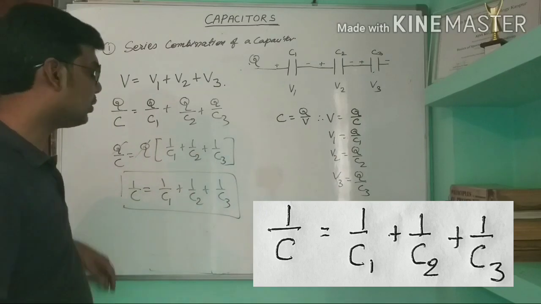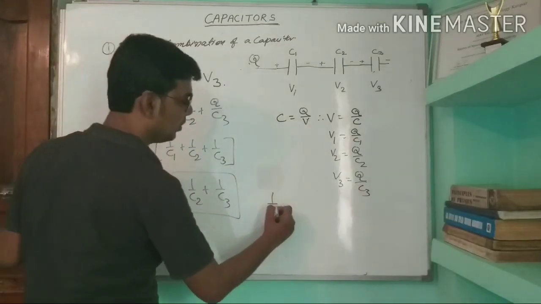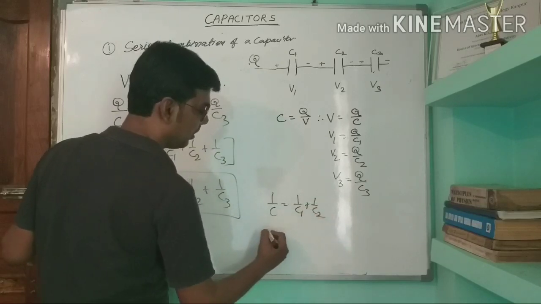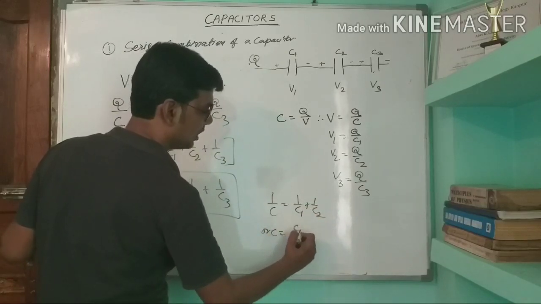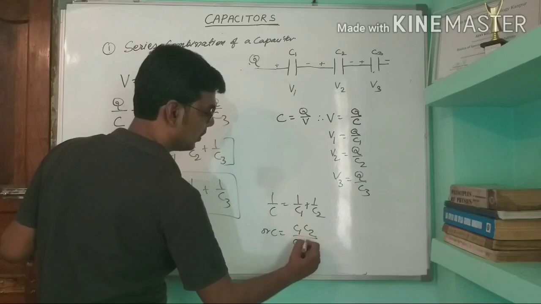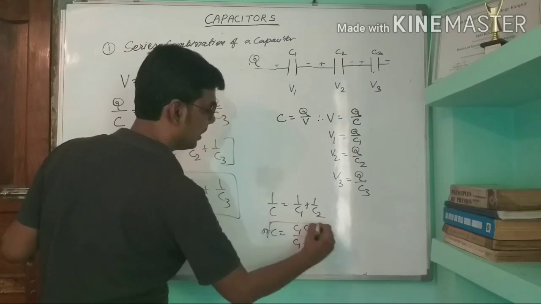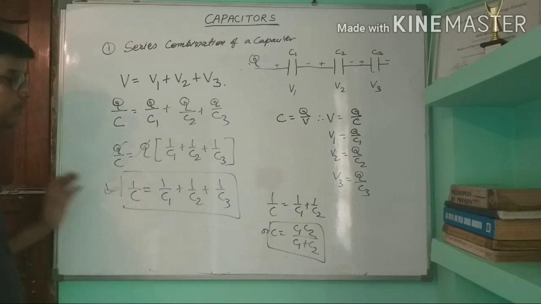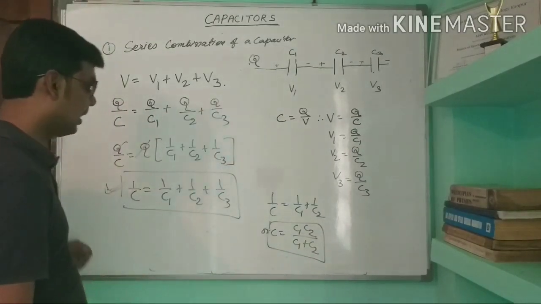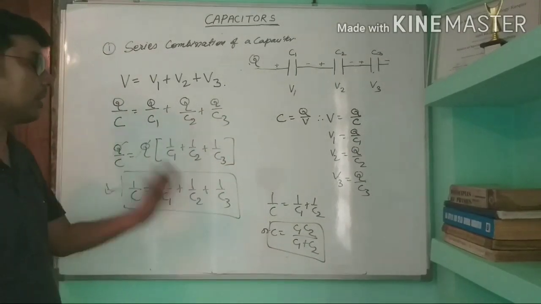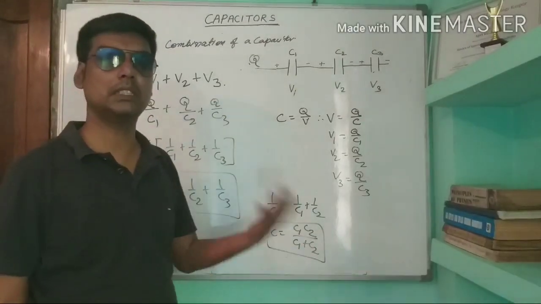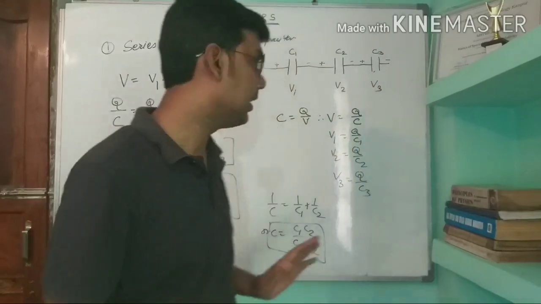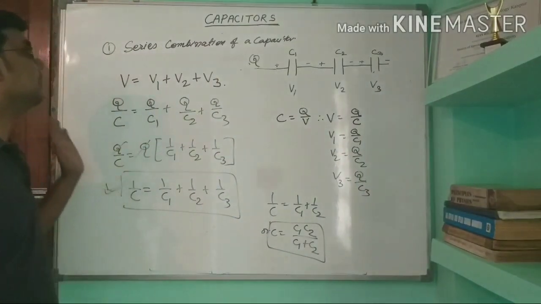If there are only two capacitors, then 1 by C equals 1 by C1 plus 1 by C2, or C equals C1 C2 by C1 plus C2. Okay. If the number of capacitors is more, then 1 by C equals 1 by C1 plus 1 by C2 plus 1 by C3 plus 1 by C4 plus 1 by C5 and so on. Okay. Now we'll talk about the parallel combination.